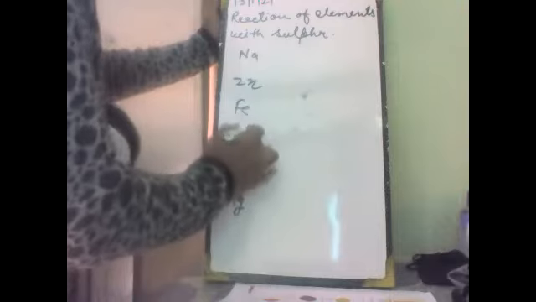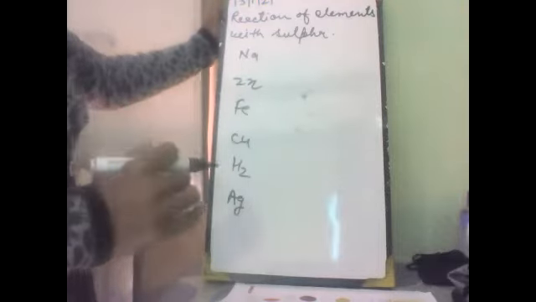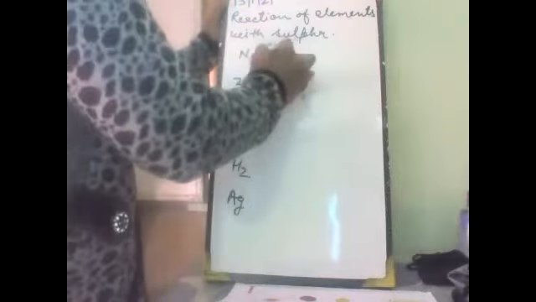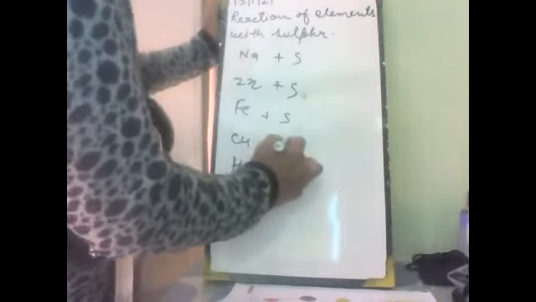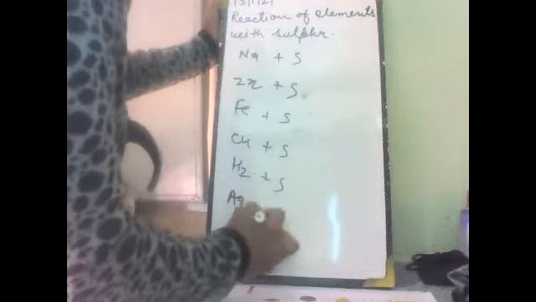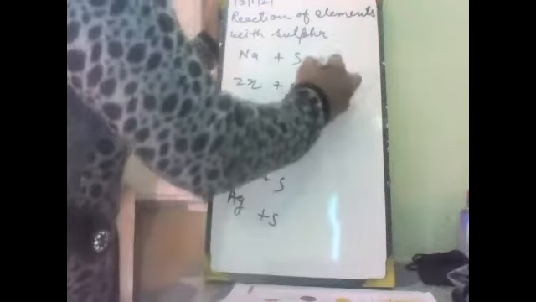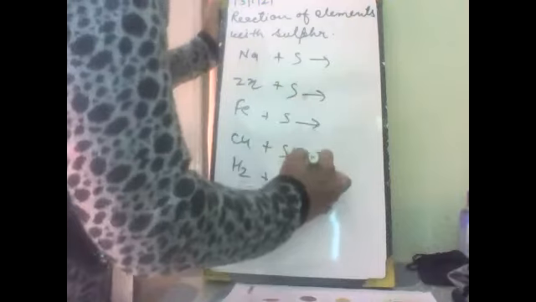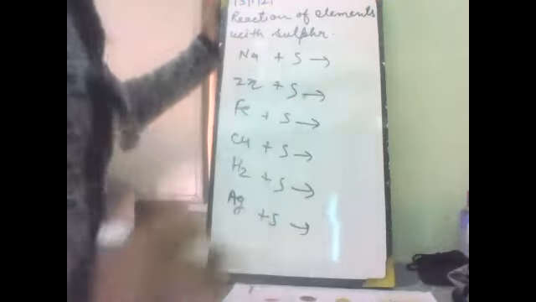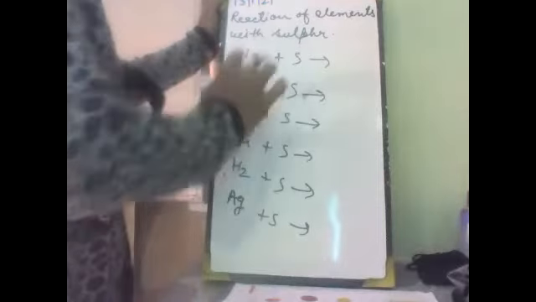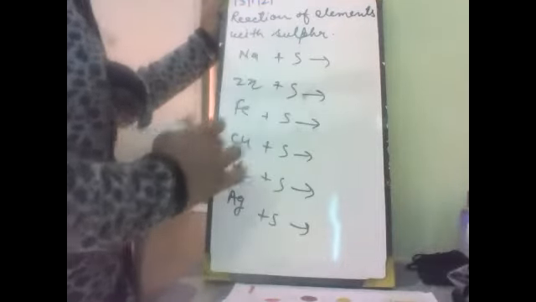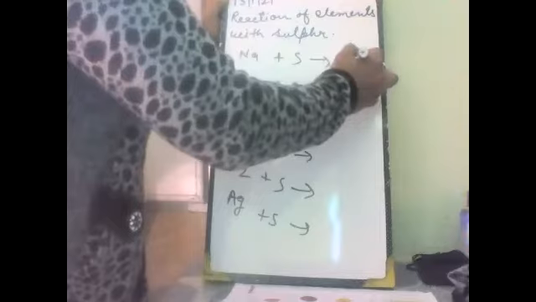These are the elements which are reacting with sulfur. Here is sulfur. The other element is sulfur, and they form sulfide. When sulfur reacts with sodium, it forms sodium sulfide.